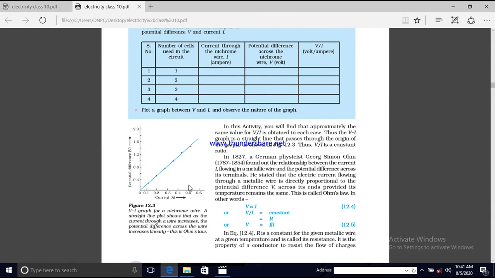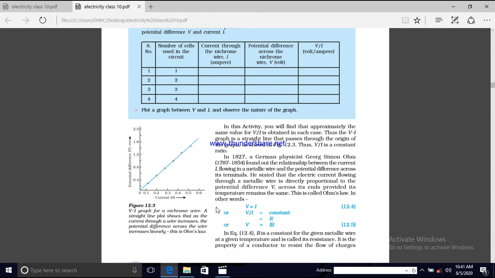The straight line represents that the ratio V over I is always a constant, and that constant is known as the resistance of the circuit. As a resistor, we have used nichrome wire, and the value of that resistor can be calculated by taking the ratio V over I.